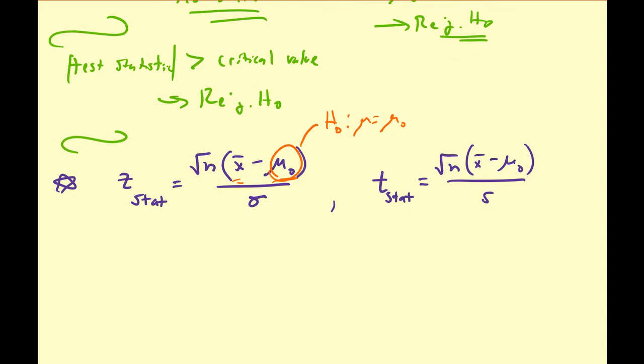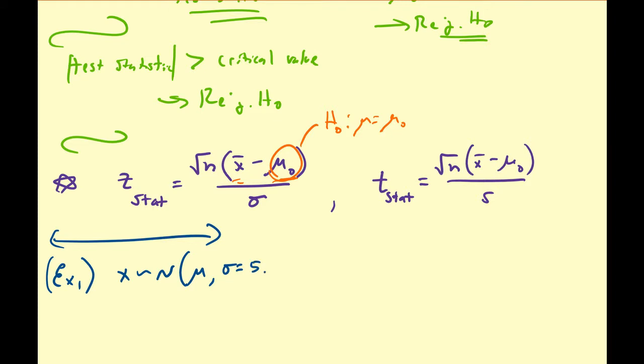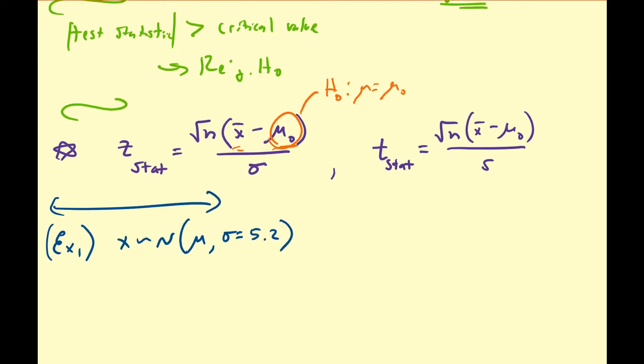All right, so let's work out a couple examples to see how to conduct hypothesis tests for this type of thing. So example 1, and I'm going to pull the same exact numbers as the confidence interval hypothesis test to compare the two. All right, so let us assume that x is normally distributed with some unknown mean mu, and let's assume that we know the standard deviation sigma to be equal to 5.2.